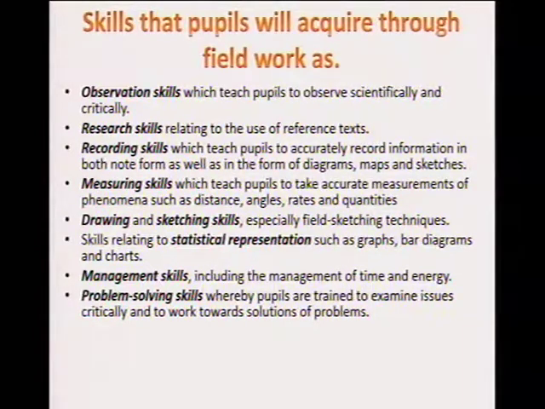The research skill relates to the use of reference texts. You can use different textbooks, you compare what other authors have to say about the problem you went to research, then you make a conclusion out of the findings when you compare what the other researchers have to say.